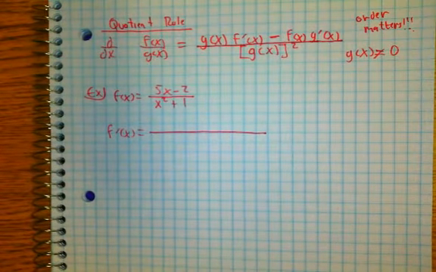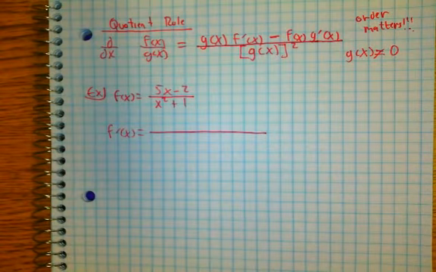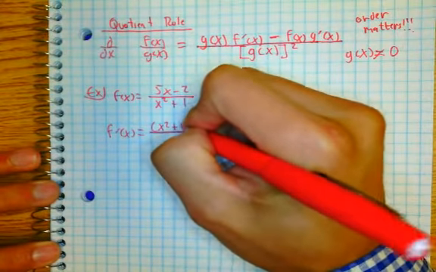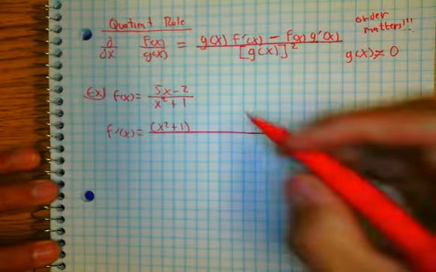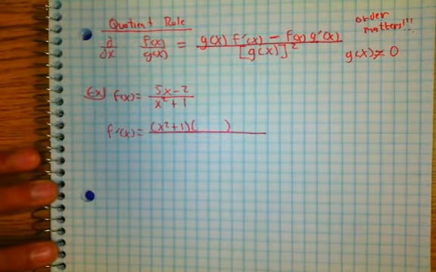Your denominator was x squared plus 1, so I'm going to rewrite it just as it looks on the numerator. And I have to multiply that by the derivative of the numerator. So what is the derivative of your numerator? 5.